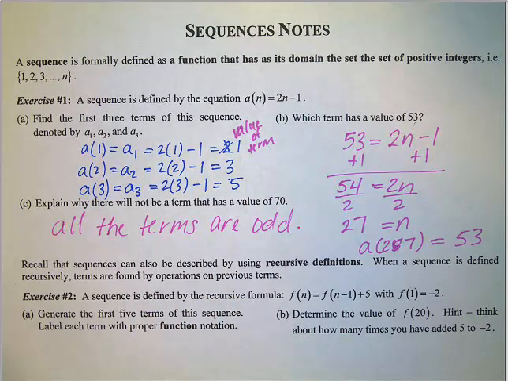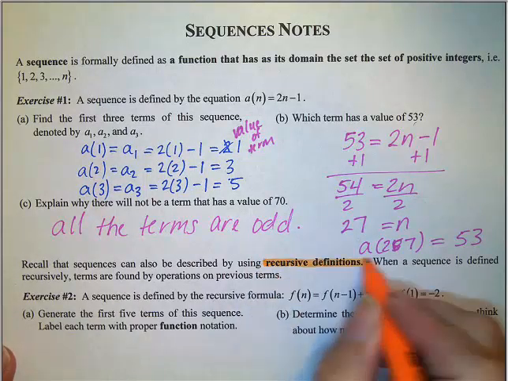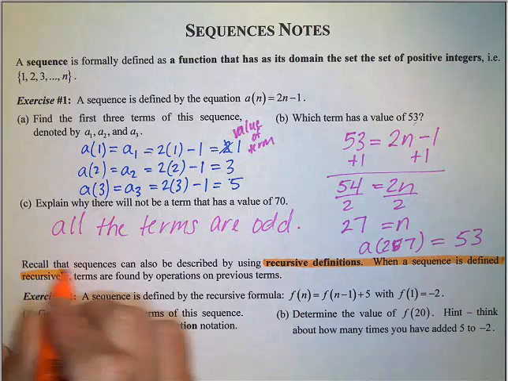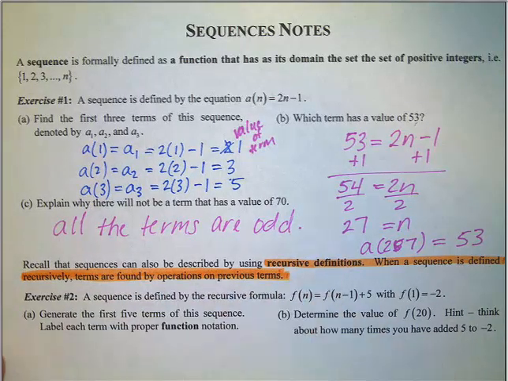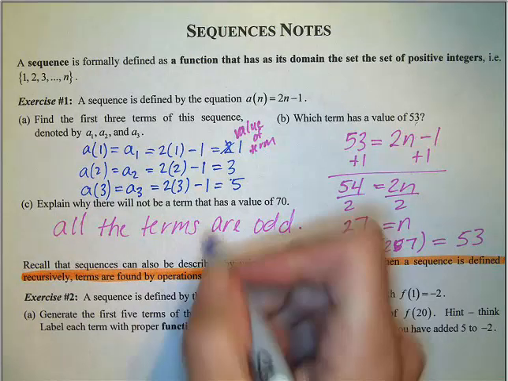Recall that sequences can also be described by using recursive definitions. When a sequence is defined recursively, terms are found by operations on previous terms. That is huge. So in order to use a recursive definition, you have to know the previous term.